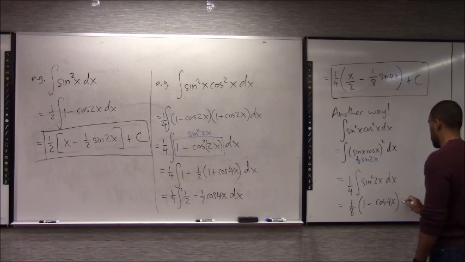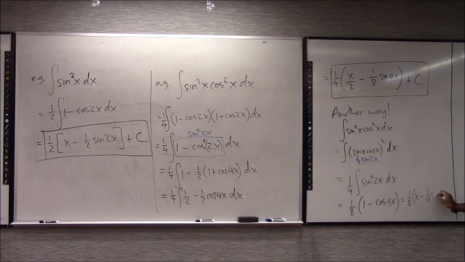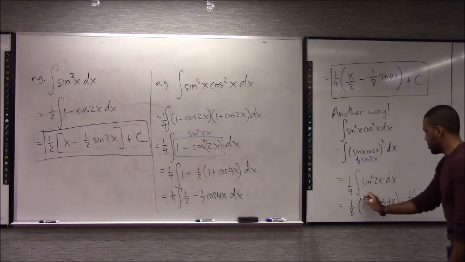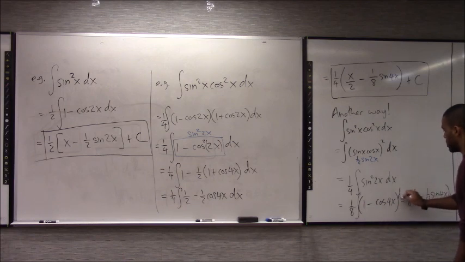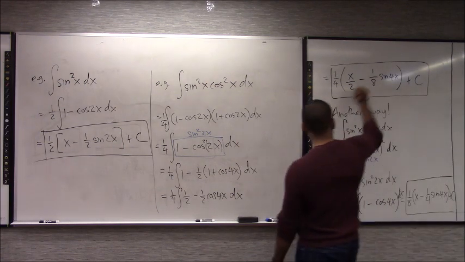And so this gives me 1/8 x minus 1/4 sine 4x. It's the integral of that, right? The integral of this dx plus c, which you'll notice is the same as that.